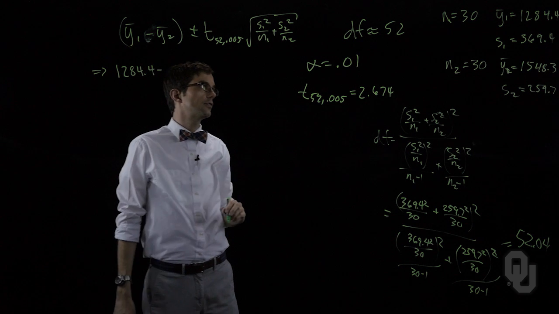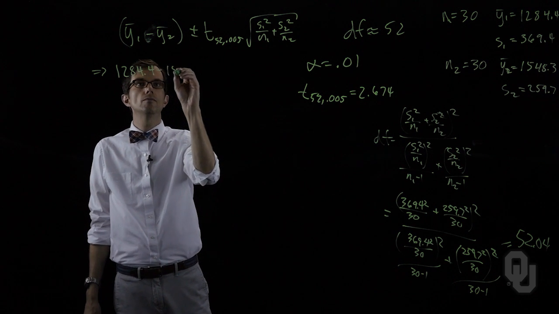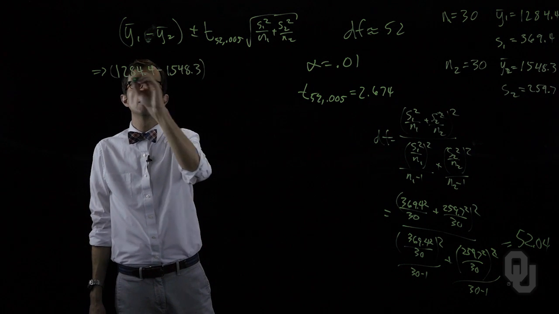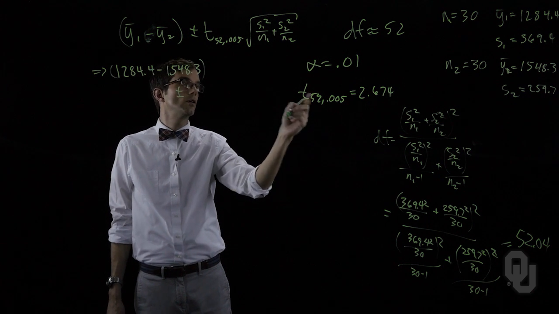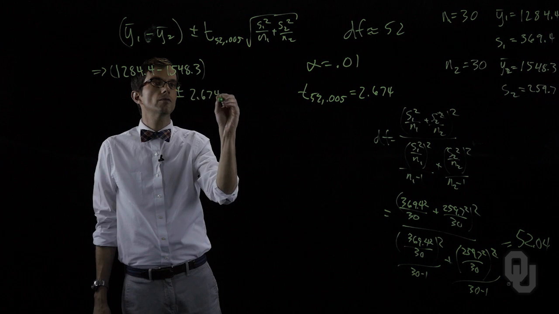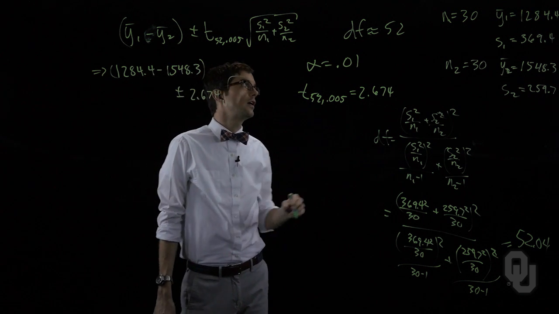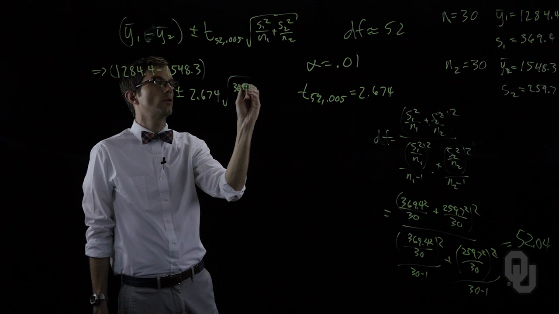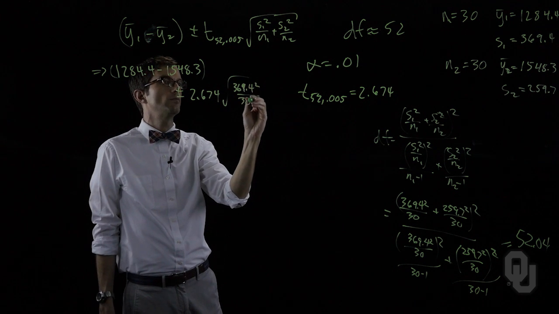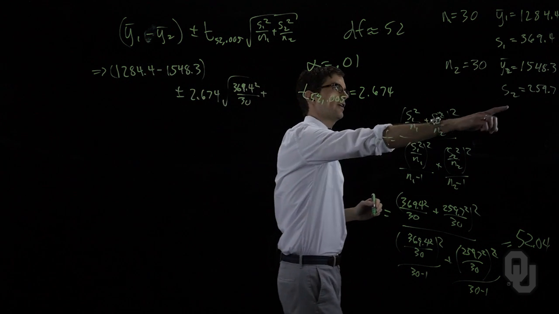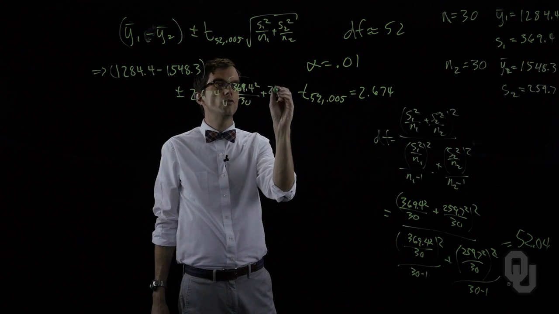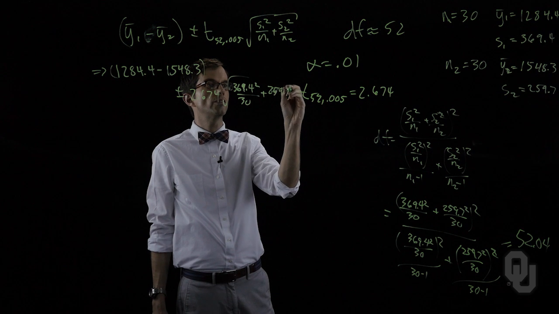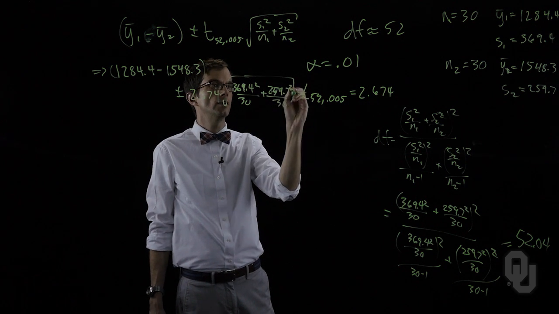We've got 1284.4 minus 1548.3 plus and minus 2.674 times the square root of 369.4 squared over 30, plus 259.7 squared over 30.